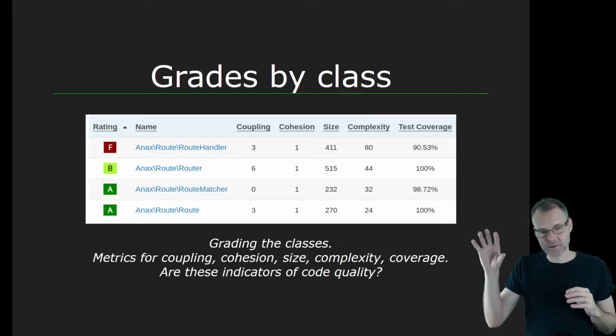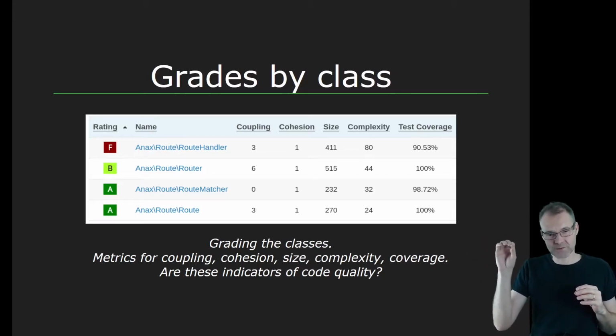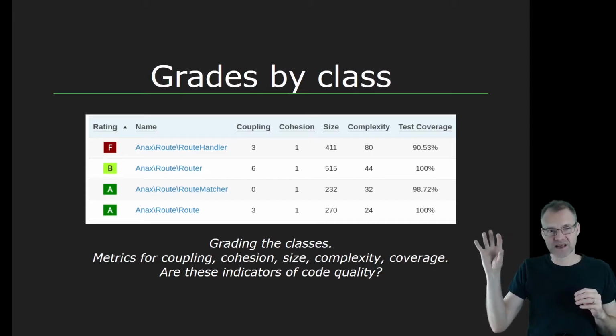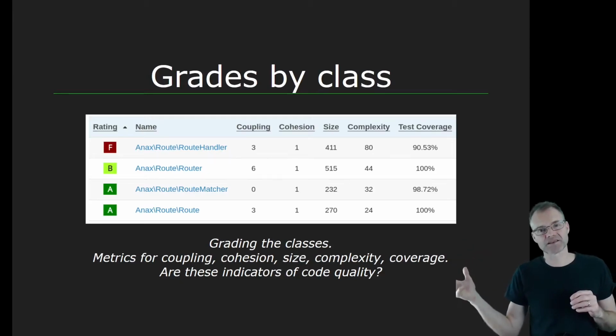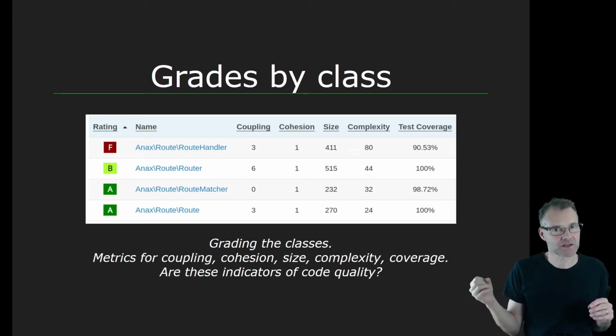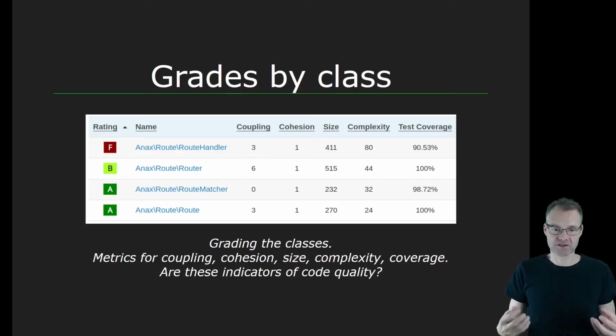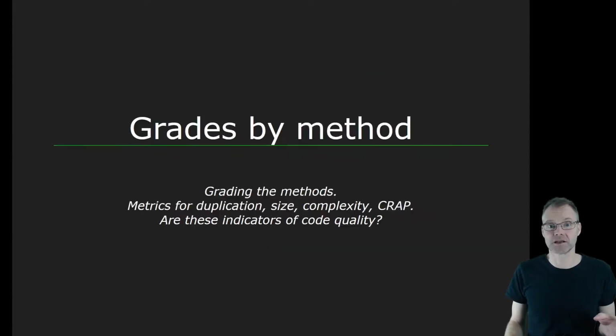So it seems like this final rating, like F, is saying that this is troublesome, and it may refer to coupling, cohesion, size, complexity, and test coverage. Okay, then we get something more hands-on to work with, but we still need to understand what they are: coupling, cohesion, and complexity.